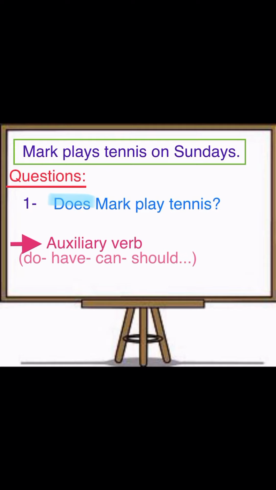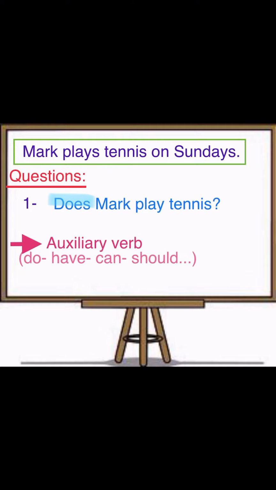Do Mark play tennis? But as we say, with he, she, it, we're going to add es to do. So it becomes does Mark play tennis? But if we have the subject you, we're not going to say does you, but it's do you.